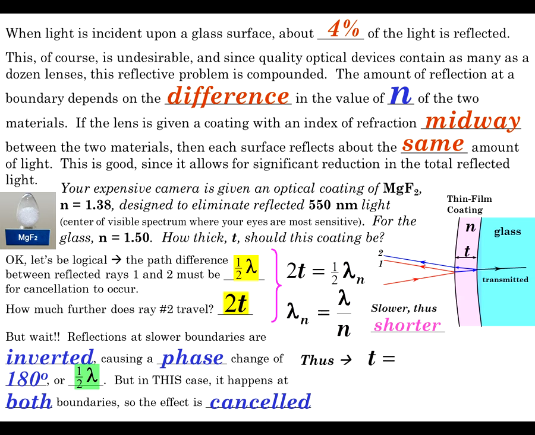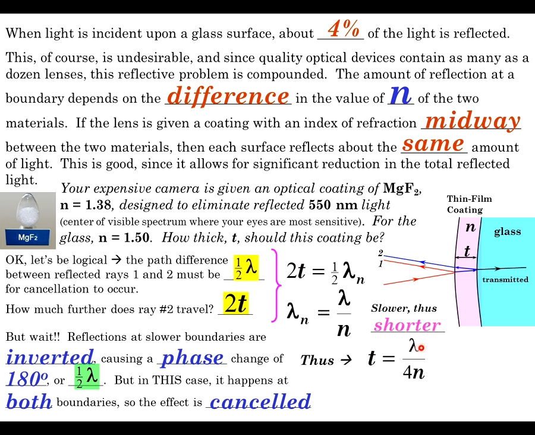But it's really important to keep that in mind, that the bounce happens and it either reflects right side up or upside down. So the thickness then is, we're going to solve for t. I'm going to solve for t and bring this 2 down here, and we have lambda n over 4. However, lambda n is lambda over n, right?